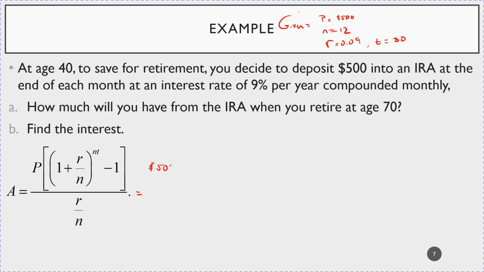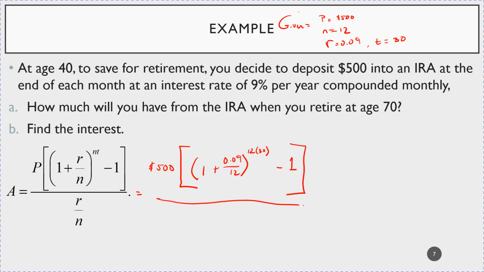So $500, because you're starting late, times 1 plus 0.09 divided by 12, raised to the 12 times 30 power, and then subtract 1. And then divide that all by r divided by n, so 0.09 divided by 12.